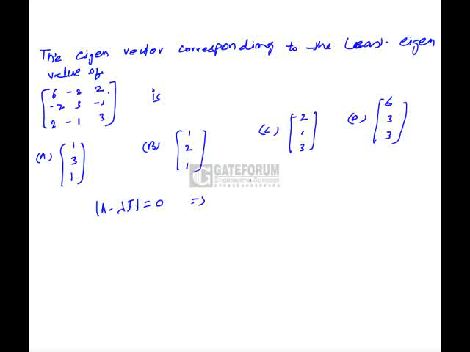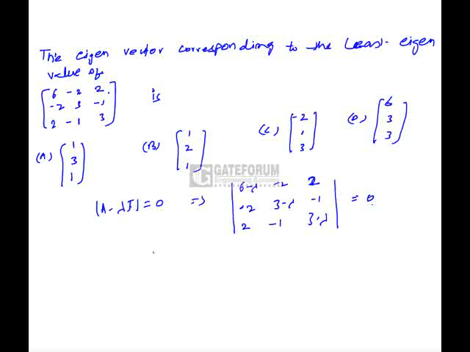A minus lambda I is nothing but [6 minus lambda, minus 2, 2; minus 2, 3 minus lambda, minus 1; 2, minus 1, 3 minus lambda]. The determinant of this matrix should be 0.